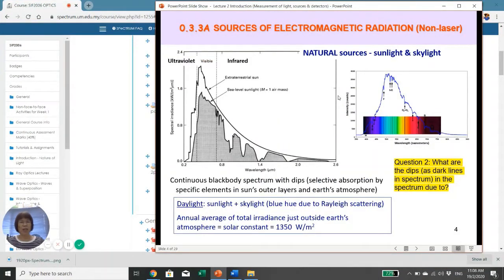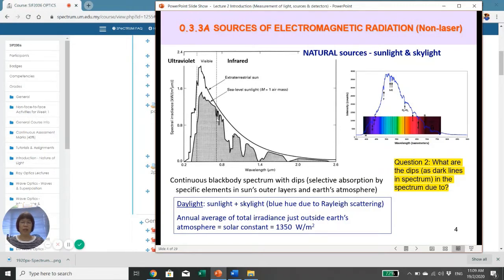So we're going to look at sources of electromagnetic radiation, the non-laser type. Firstly, we'll look at a very important natural source, that is the sun. Here we have the emission spectrum from the sun. This line here is measured outside the atmosphere, and here it is measured at sea level.